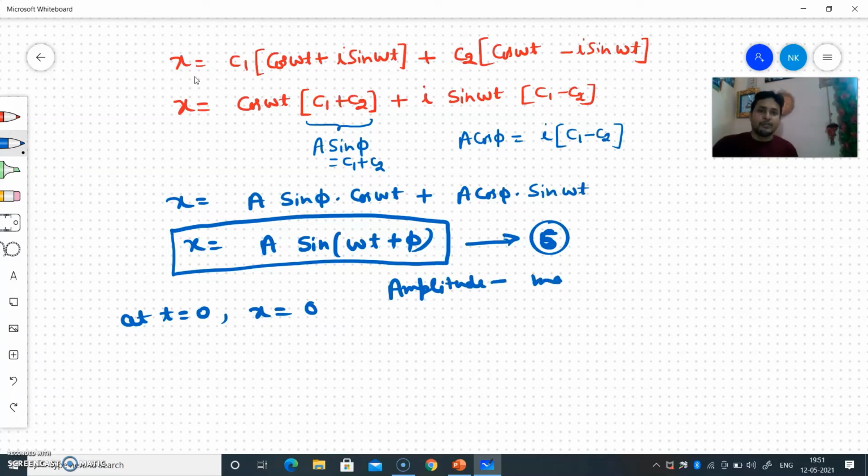Amplitude is the maximum displacement at one side. So we know that sin of omega t plus phi has a maximum value of 1. So maximum displacement is x equal to plus minus A. So displacement will be plus A on one side and minus A on the other side. So A is known as the amplitude of oscillation.